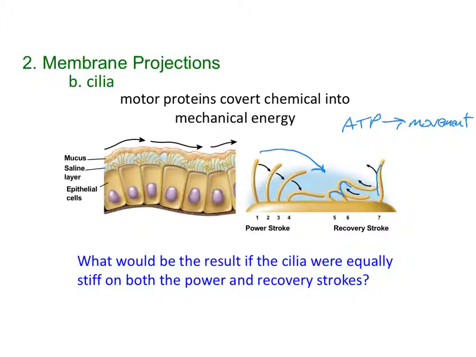So the question is, why does it beat this way rather than just going back and forth equally? If it's equally stiff on both power and recovery strokes, I'm just pausing to give you some time to think about that. So the reason, what that would do is basically accomplish nothing.